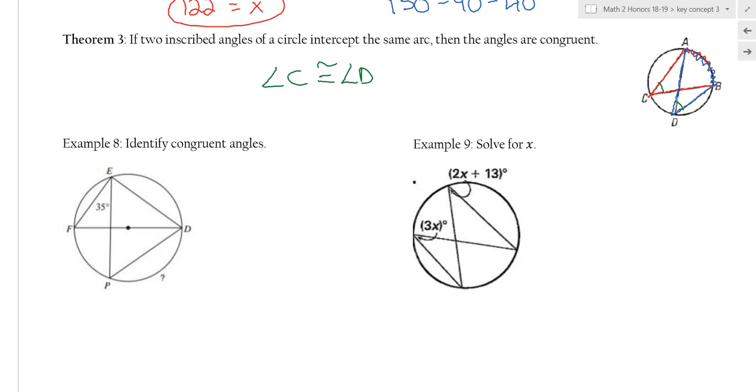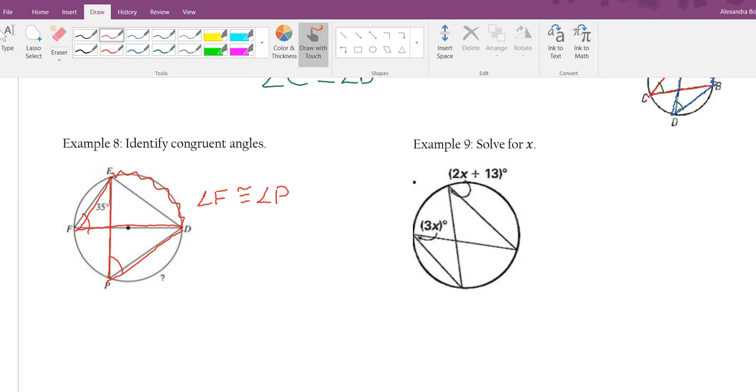So looking at example 8, identify congruent angles. Same type of thing. I have EFD and EPD, right? They both cover this. So angle F is congruent to angle P. I still have some more here.